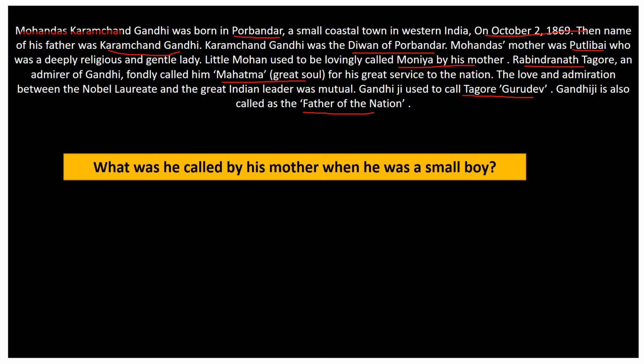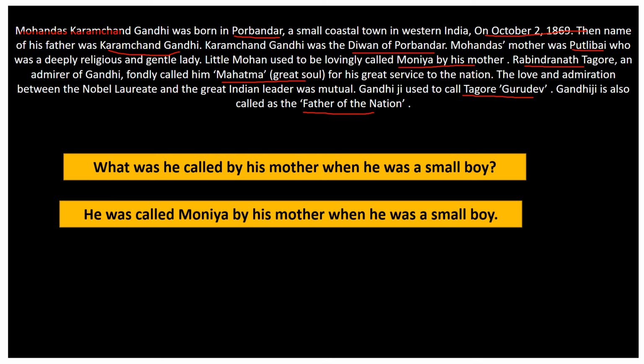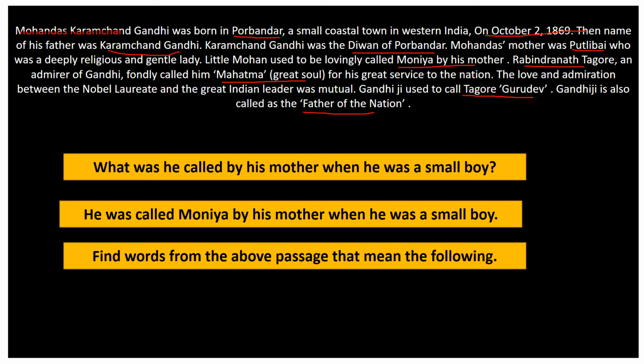So here is Monya, that's the correct answer. He was called Monya by his mother when he was a small boy. Now next is, find words from the above passage that mean the following. So now synonyms means the same words.